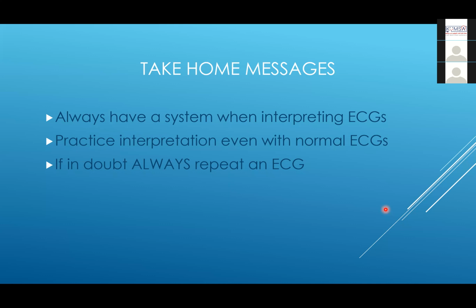For unrelated medical issues we still look at their ECGs and apply the same system, and you'd be surprised by how many cases we find with pathologies we didn't even know about. And if in doubt, always repeat an ECG.